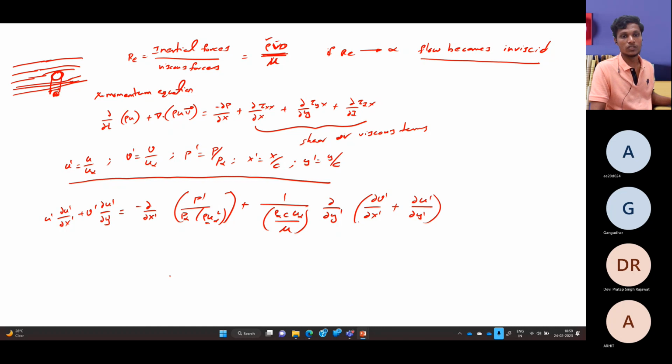This is the equation you will get once you substitute all these non-dimensional parameters into the momentum equation. This is just the x momentum equation.